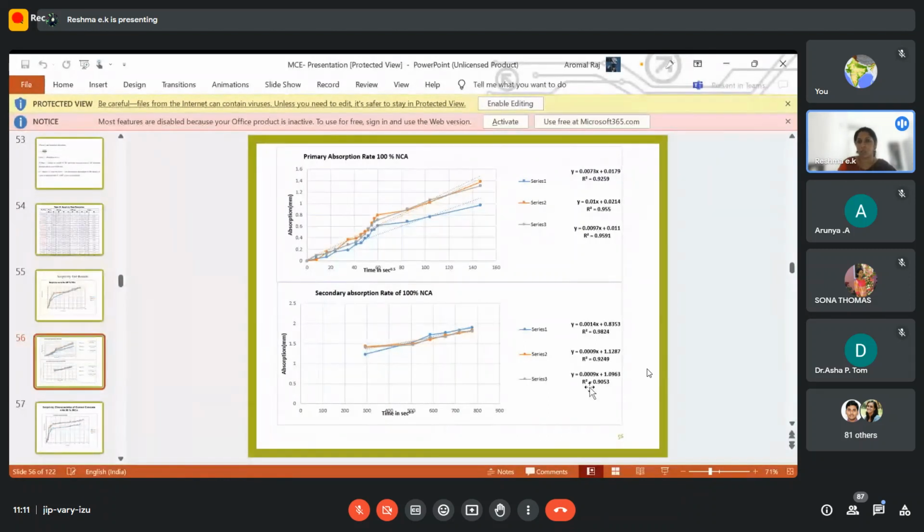This is done in Excel only because I know this is linear. It has to be linear. Primary or secondary absorption data, when I am plotting, has to be linear, where the R square value should be more than 0.9. I was very sure that I have linear data between the time and absorption, so I plotted in Excel only.